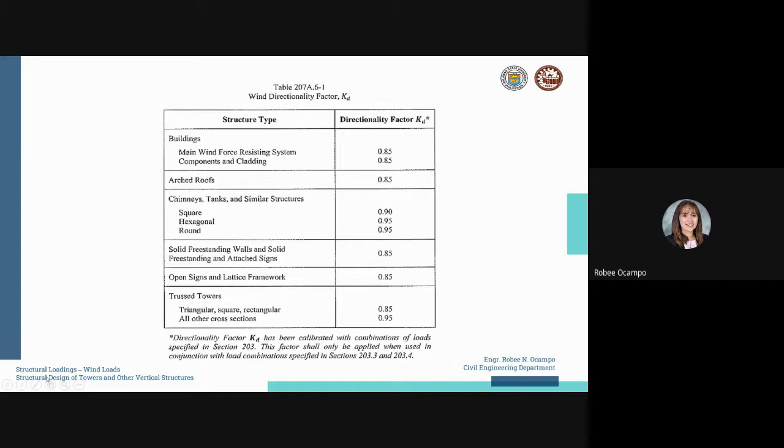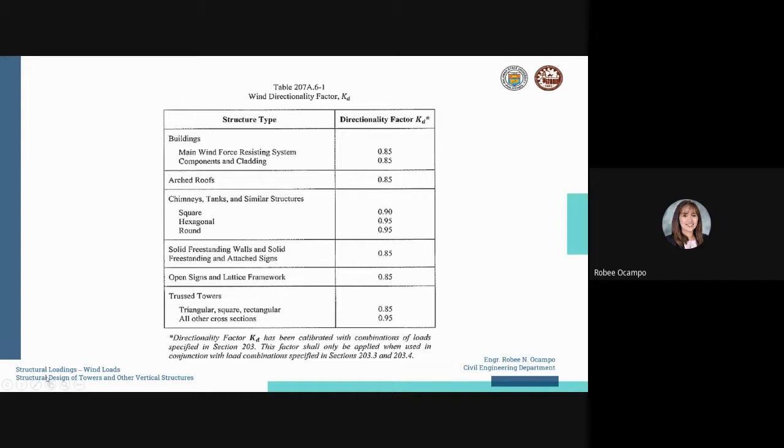For the solid freestanding walls and solid freestanding and attached signs, we're going to use 0.85. For the open signs and lattice framework, also 0.85. Okay, and lastly, for the truss towers, for the triangular, square, and rectangular, if the cross section of our truss towers falls on this tree, we're going to use 0.85.